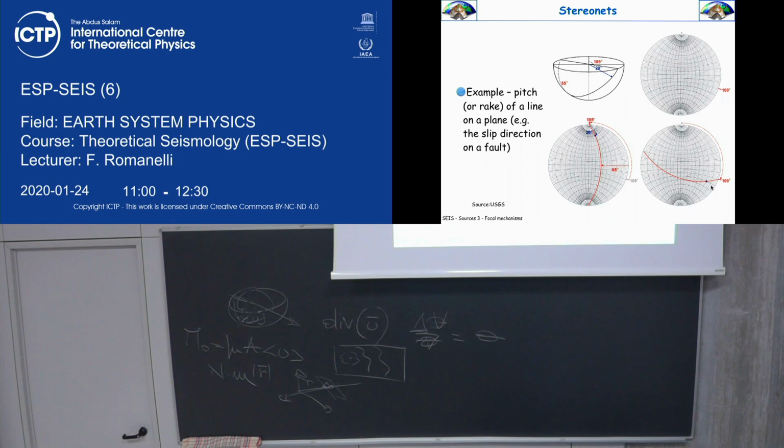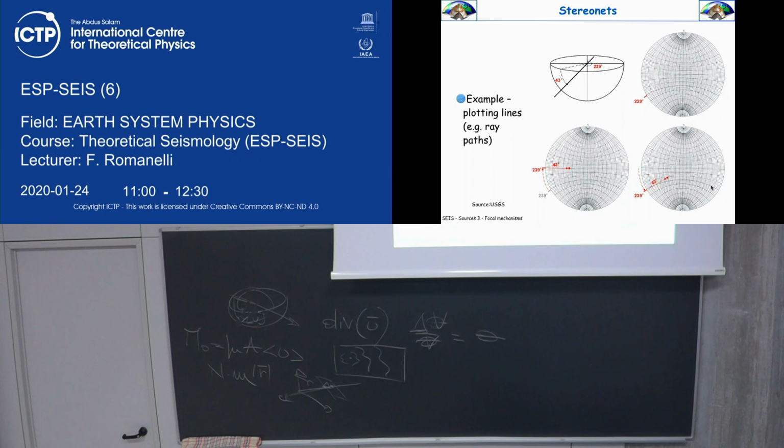Okay, what's next? This is the final step. Now we also need to imagine how to plot the rays, which are the directions perpendicular to the wavefronts that are leaving the source in all the possible directions, right?